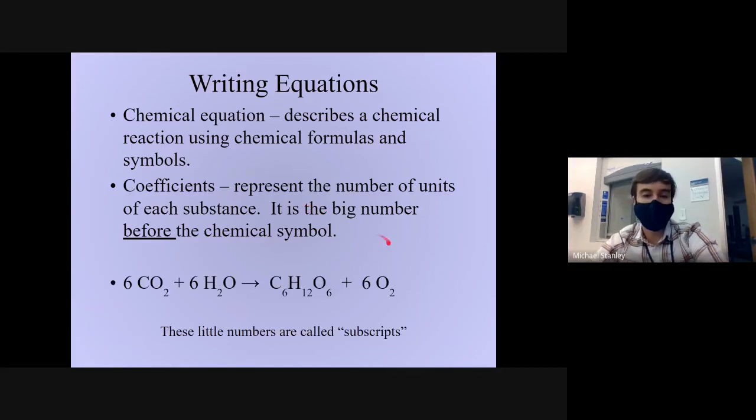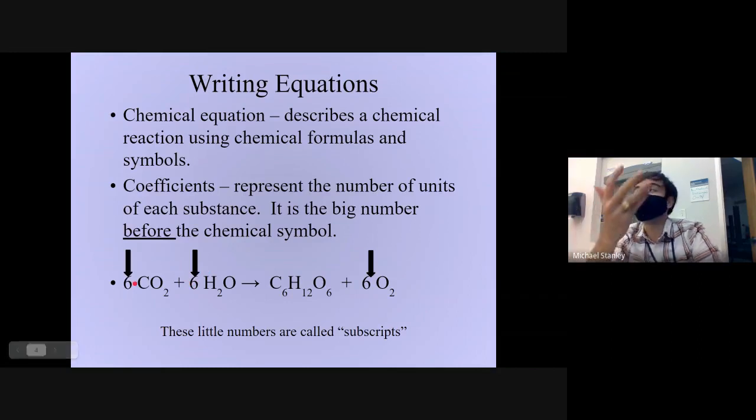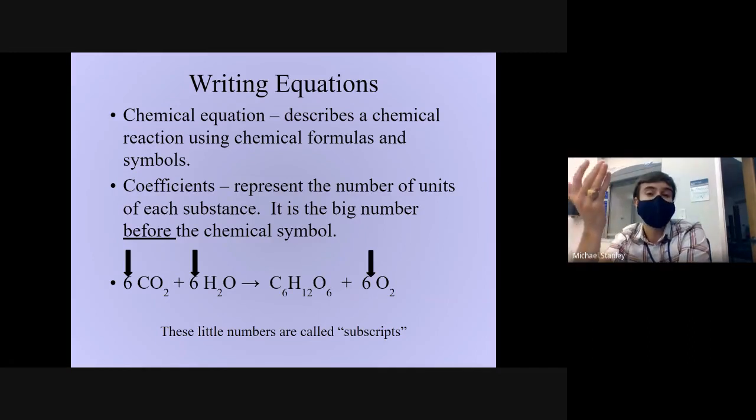So for example, in our photosynthesis equation, we have 3 coefficients written out. We have a 6 in front of the CO2, a 6 in front of the H2O, and a 6 in front of the O2. A coefficient tells us how many of each molecule are in the equation.